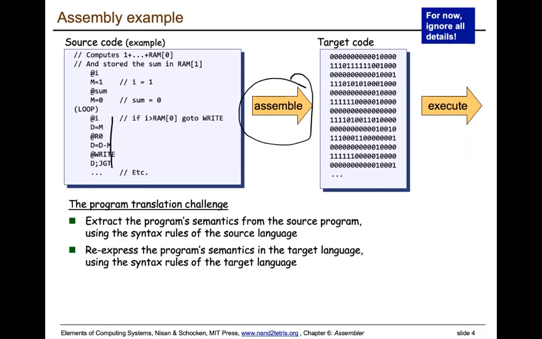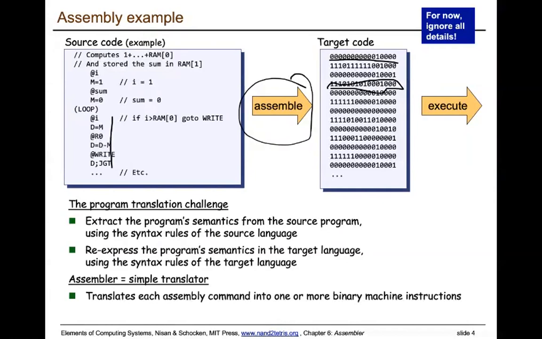The target language looks like this: this is the A instruction, and this guy is the C instruction. This is just a one-to-one translation, so it will be very simple.